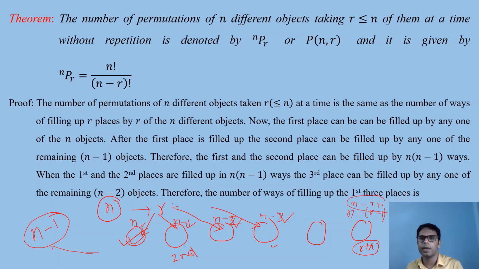These are the different options you can choose. Now if all this task is to be completed, you use the multiplication principle. That means the total job can be done in n into n minus 1 into n minus 2 into n minus 3 and so on up to into n minus r plus 1.